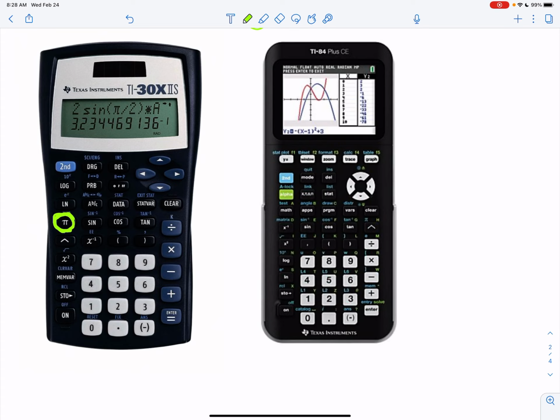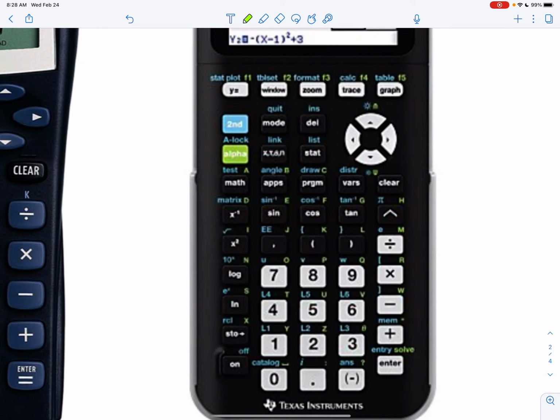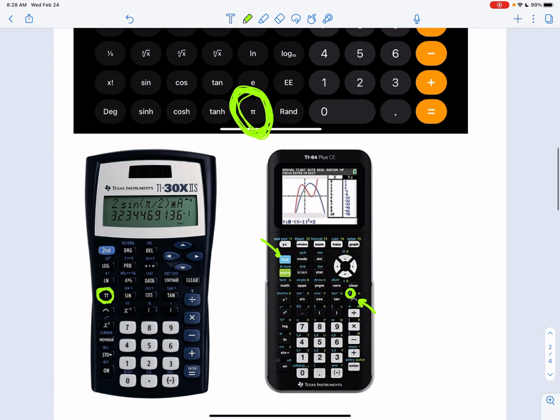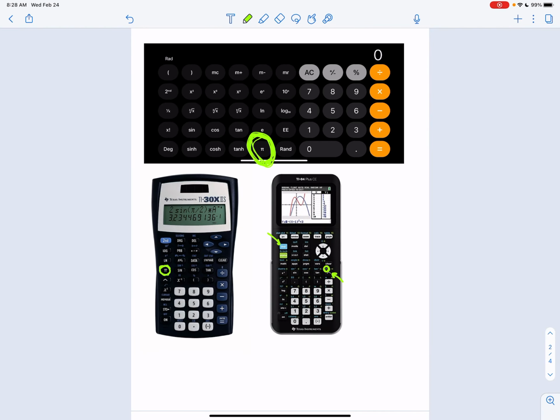If you're using the graphing calculator, it's right here in blue, so you press the blue button and then this button afterwards to access it. If your calculator isn't listed here and you can't find it, just text me. Send me a picture and I'll let you know where it is.